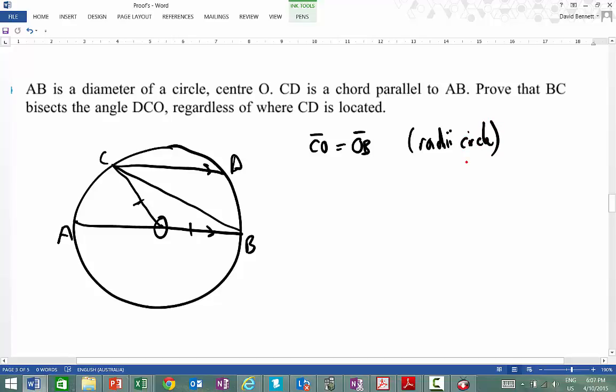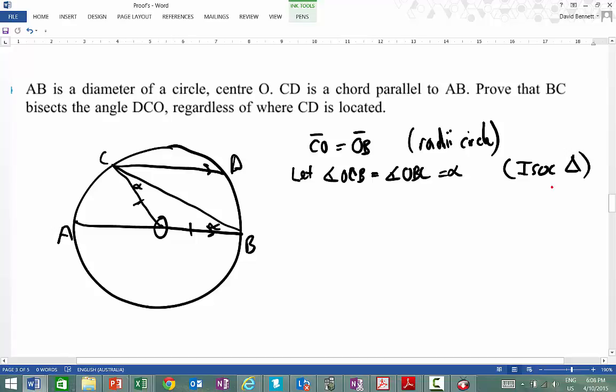So that's true. So therefore that angle there is called alpha, and alpha. So we say let angles OCB equal angle OBC equal alpha. Right, and that's due to the fact that they're isosceles triangles.